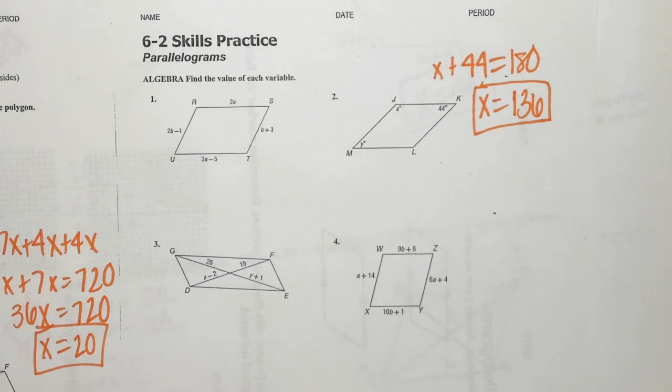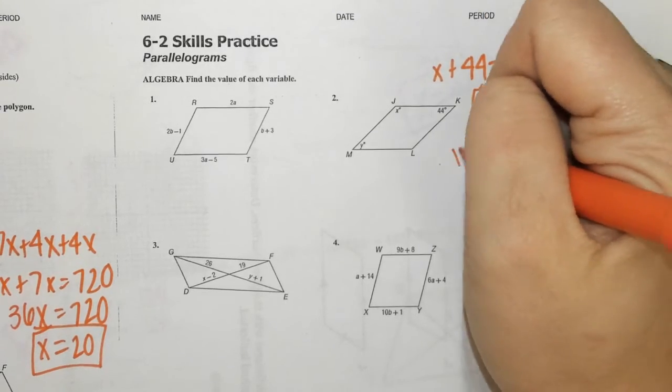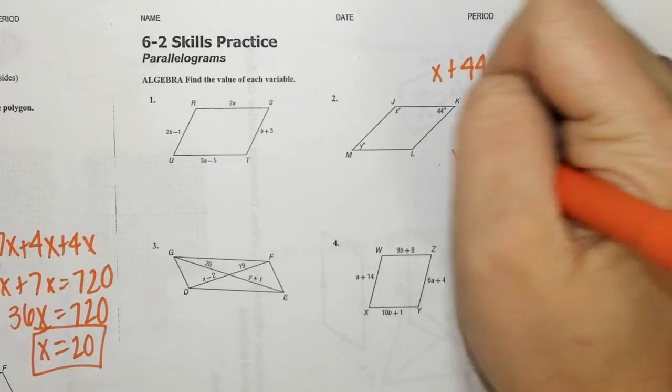Alright, is there anything else on this list about angles that we can use to find y? Opposite angles are congruent, so what would y be? 44.